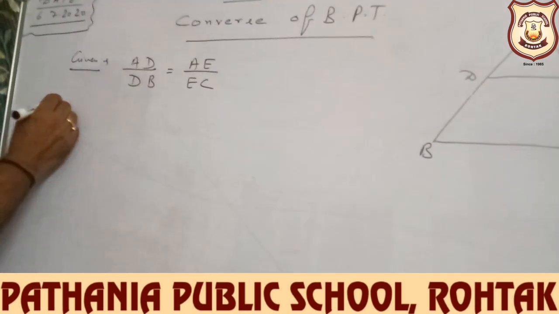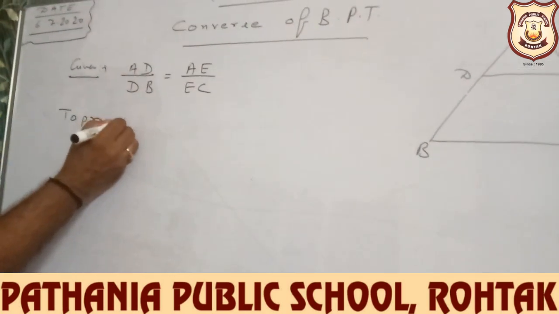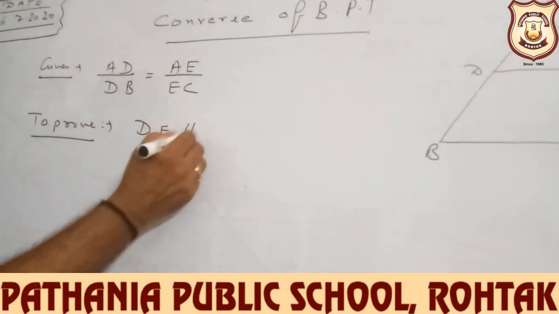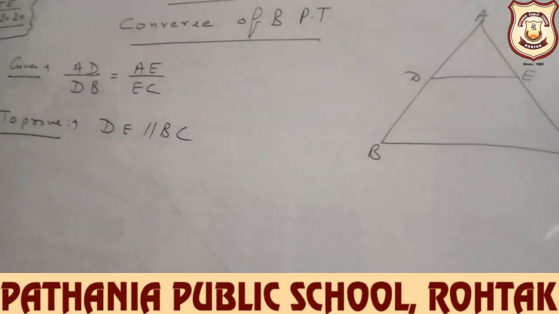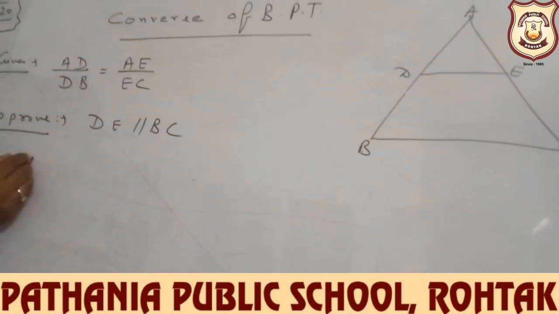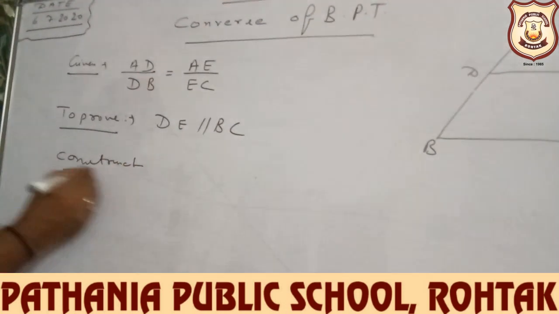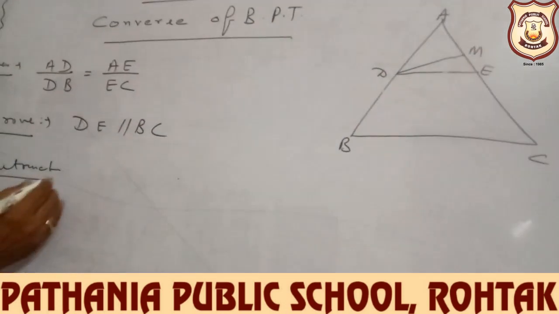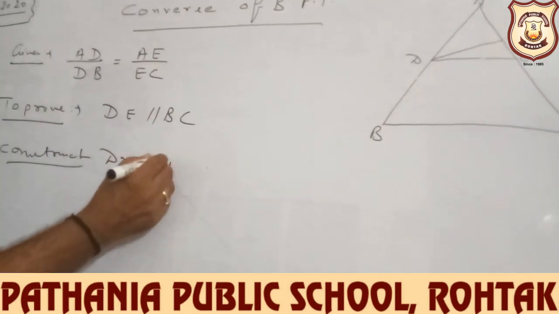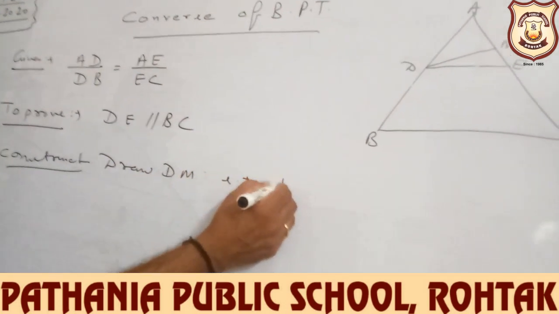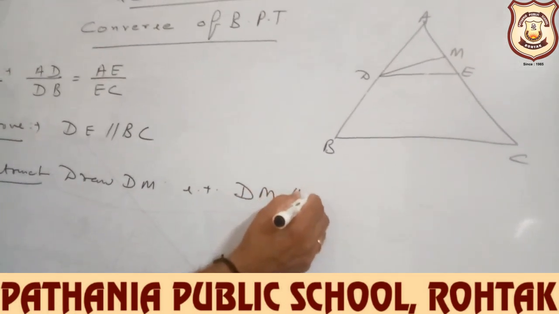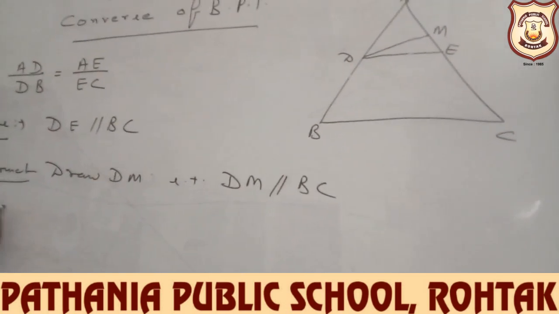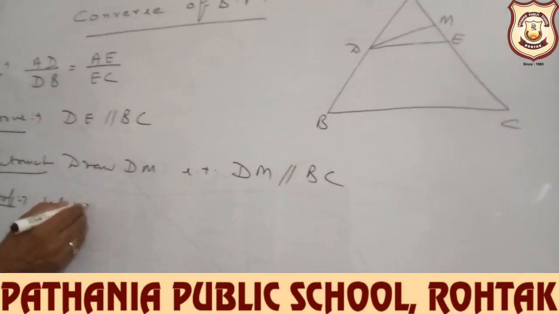In given you can write AD upon DB equal to AE upon EC, and to prove you can write DE is parallel to BC. Construction: draw a line DM such that DM is parallel to BC.